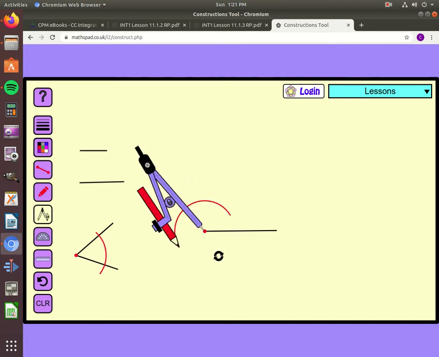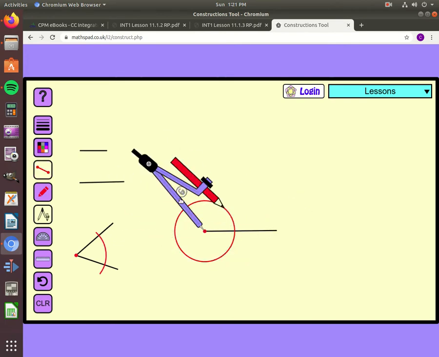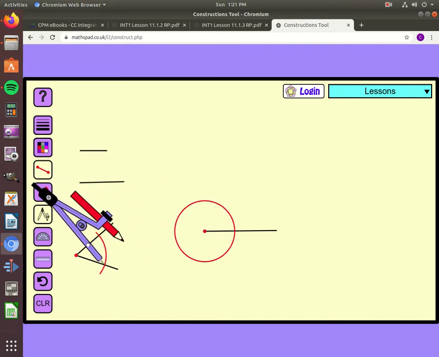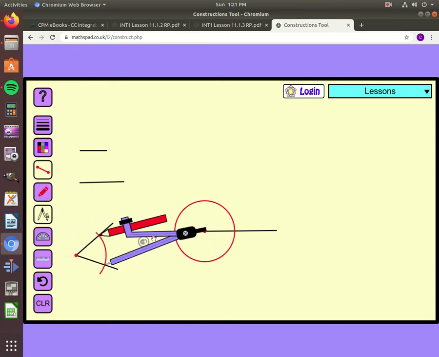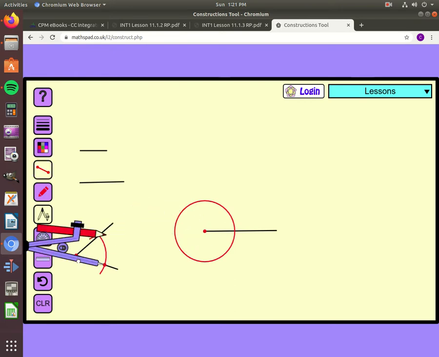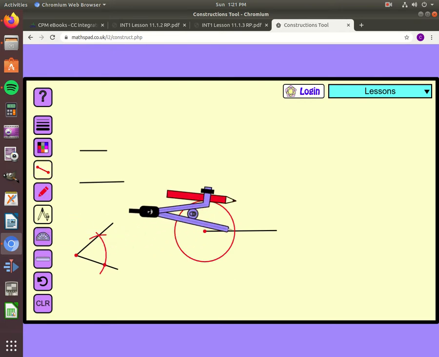I'm going to steal this arc. Uh-oh, didn't mean to do that, but doesn't matter. Now I will go over here and I need to mark this distance. There we go. So I will steal this distance and go over here and copy it.